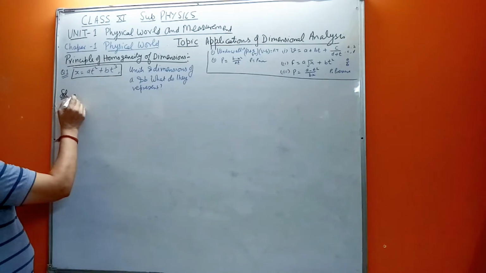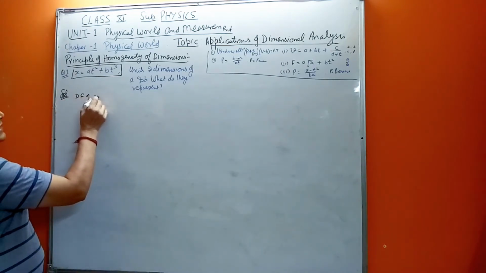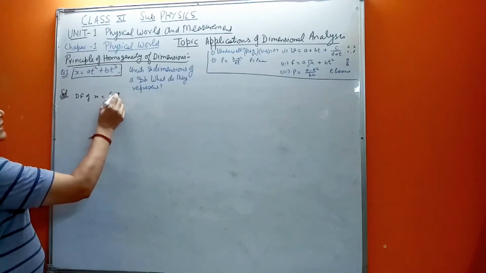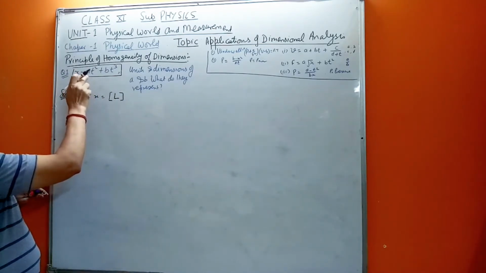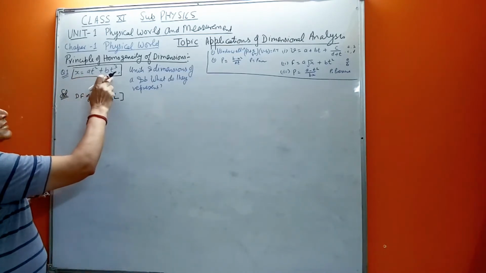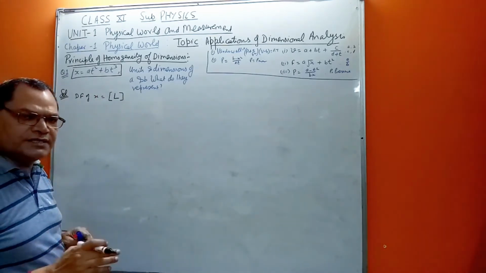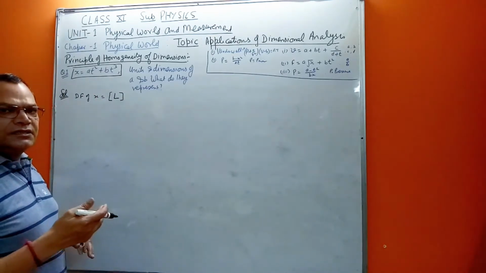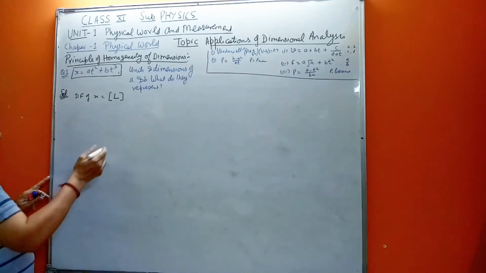So the dimension of LHS, that is x, is L. Therefore the first term as well as the second term on the right hand side will also have the same dimensions as the LHS, as per the principle of homogeneity.